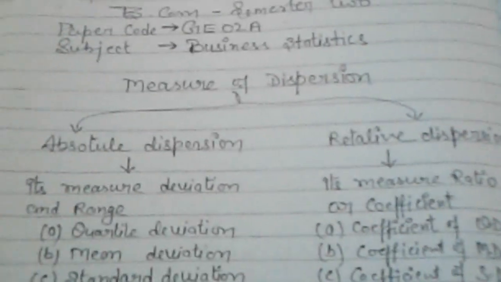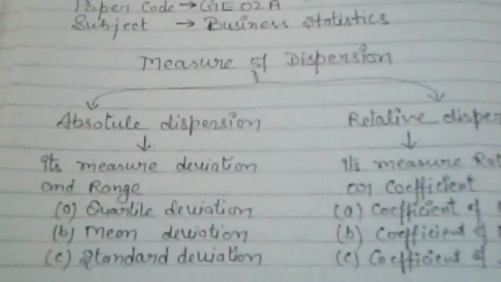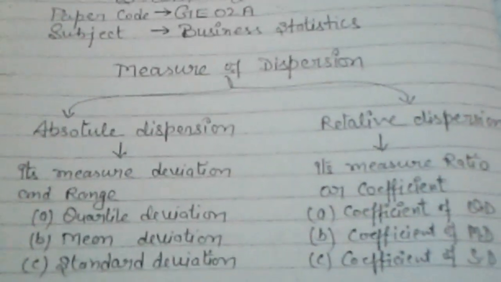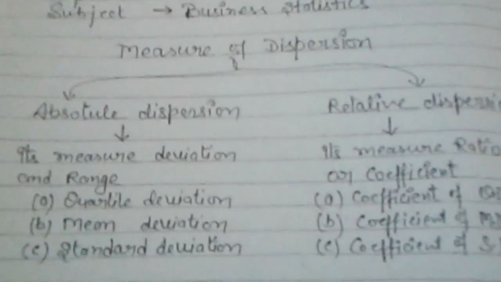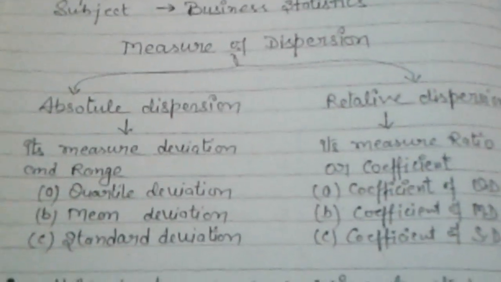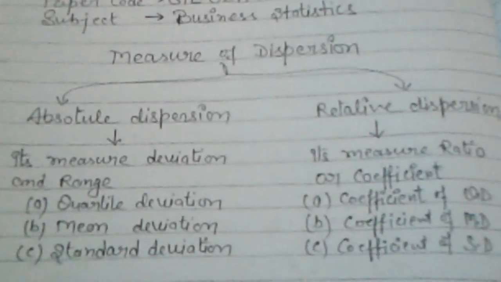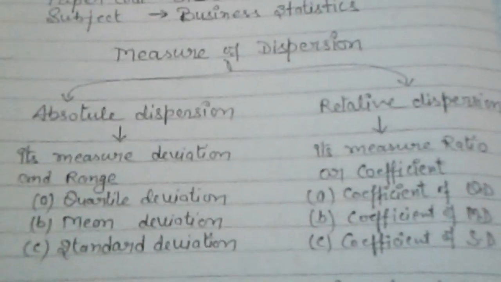We also know that measures of dispersion can be classified in two ways: absolute dispersion and relative dispersion. Absolute dispersion gives us knowledge about deviation and range.